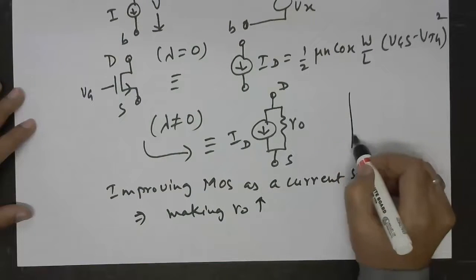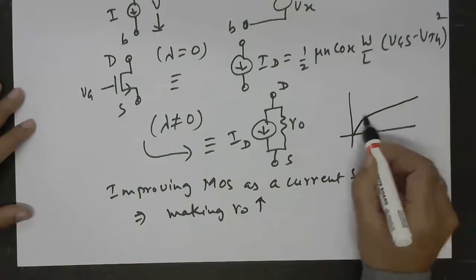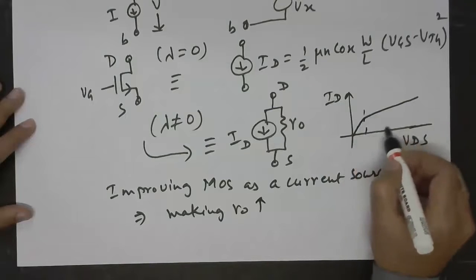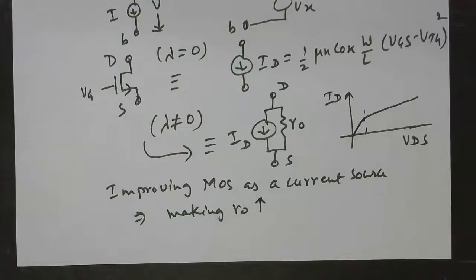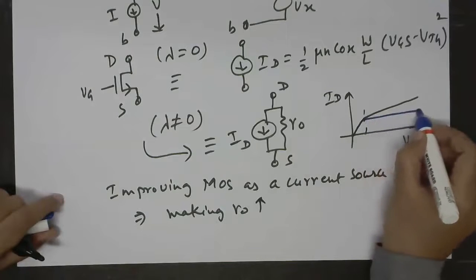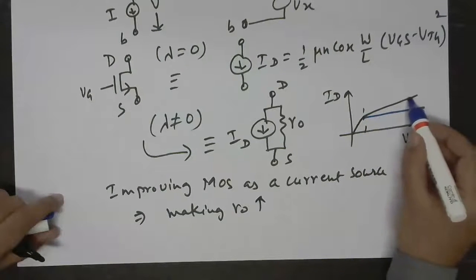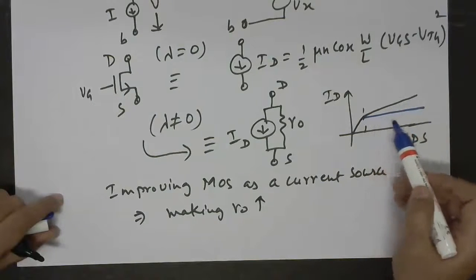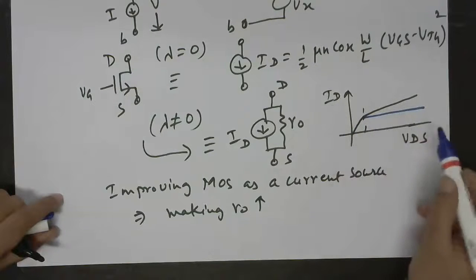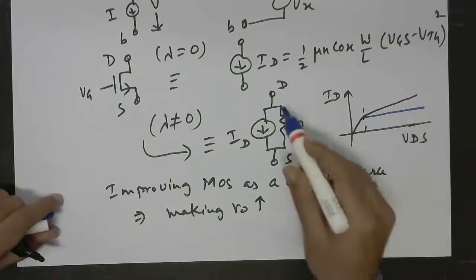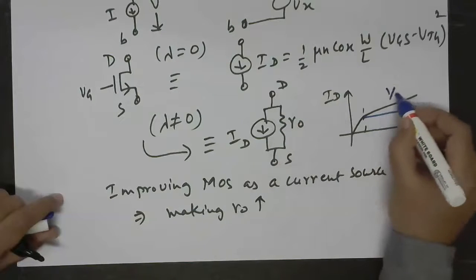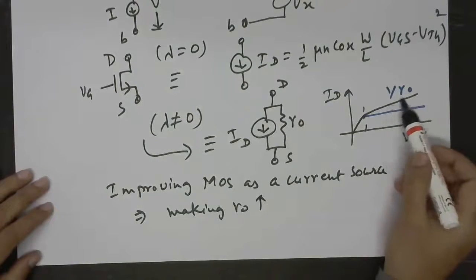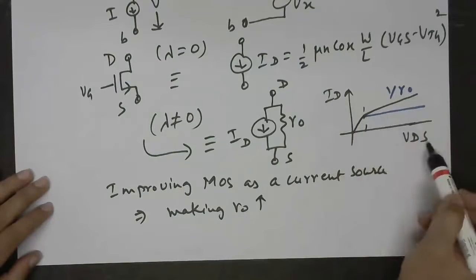Recall that this R naught is because of the slope we have here in the ID versus VDS curve in saturation. Ideally it should have been flat like this, but this is the actual one. If we can reduce this slope, the drain current becomes more and more independent of the drain to source voltage. This slope is 1 by R naught. So when we increase R naught, the slope decreases and the current becomes less dependent on the terminal voltage.